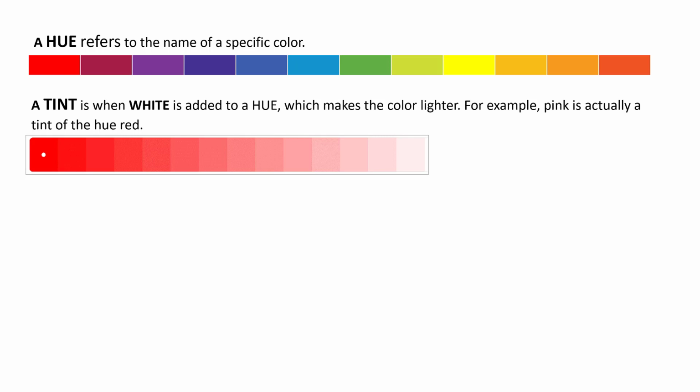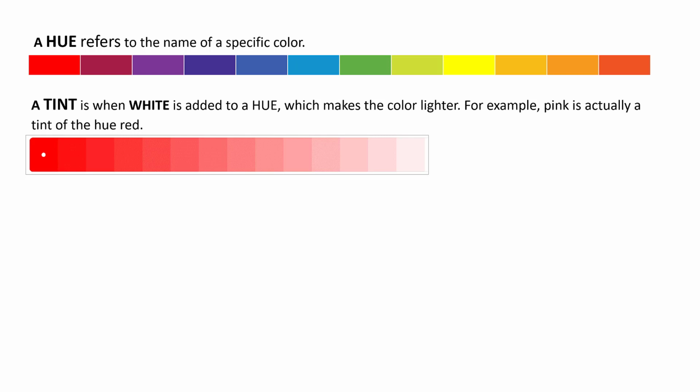But as we go out to the right, on the end, it's very pale. Well, what they've done to make all these colors is add different amounts of white to pure red. So they take the hue of red and then they add a little bit of white and a little bit more white and a little bit more white.